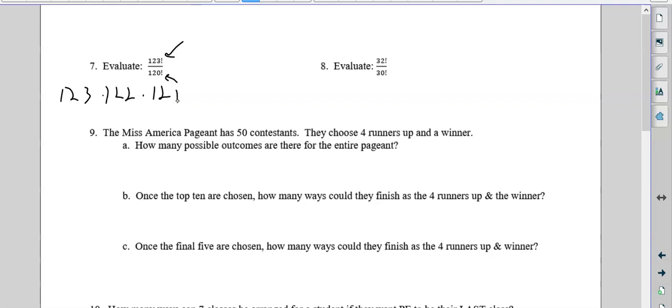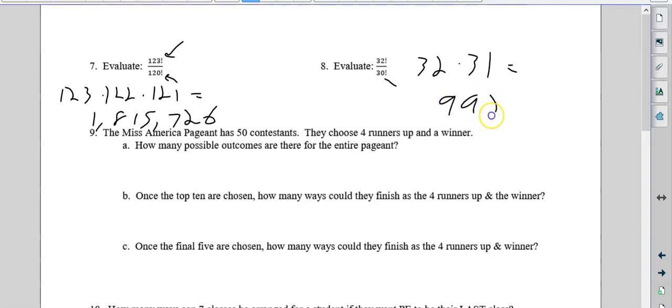Because once you get to 120, they start canceling. So if you multiply just those 3 numbers, you end up with 1,815,726. Same thing here. The top is going to be 32 times 31 times 30, 29, 28. But once you get to 30, they cancel out. So it's just 32 times 31, which is 992.